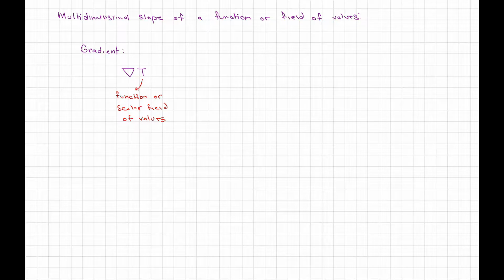It's not a vector. Okay, so I'm going to take a gradient of a scalar field of values, but I'm going to evaluate that slope in more than one direction, and I'm going to do that by, right, taking the partial derivative of that function, okay, in the different directions, and I'm going to use that to build a vector, okay, that has components that look like that.